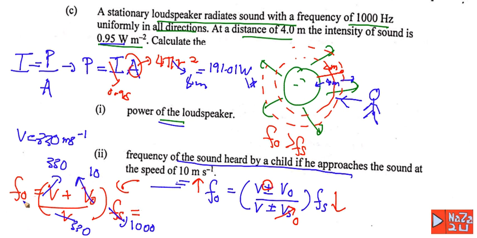So now you can find the frequency heard by the child, or the frequency of the observer, is equal to 1030.3 hertz. Okay, so that's all. Thank you.